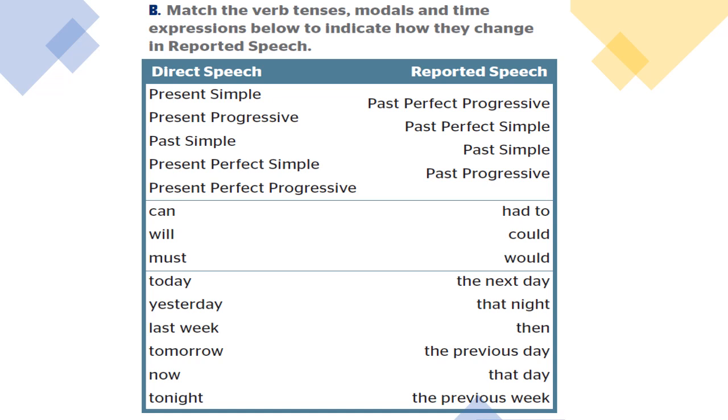So we change the present simple to past simple, present progressive to past progressive, past simple to past perfect simple, the present perfect simple to past perfect simple, present progressive to past perfect progressive.